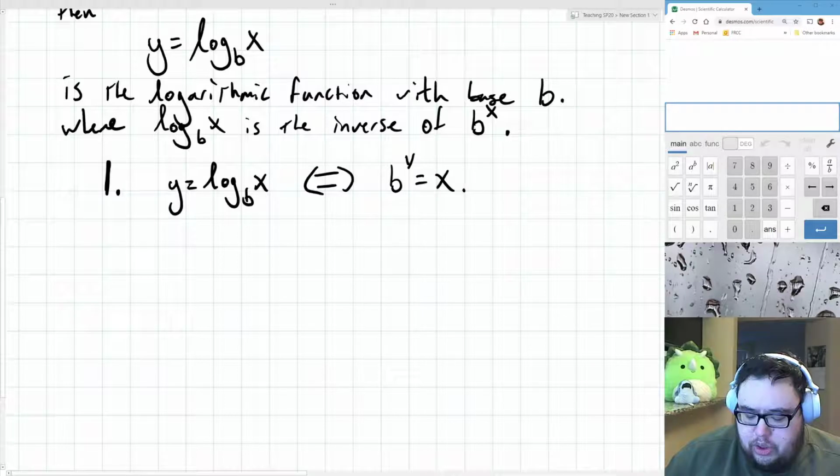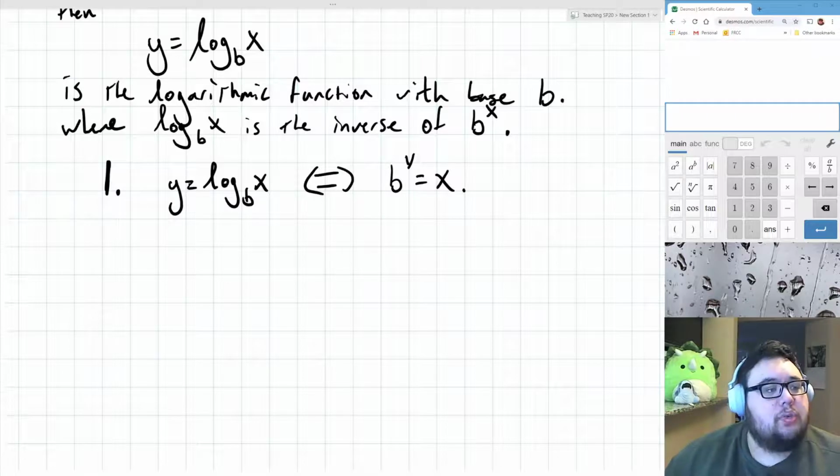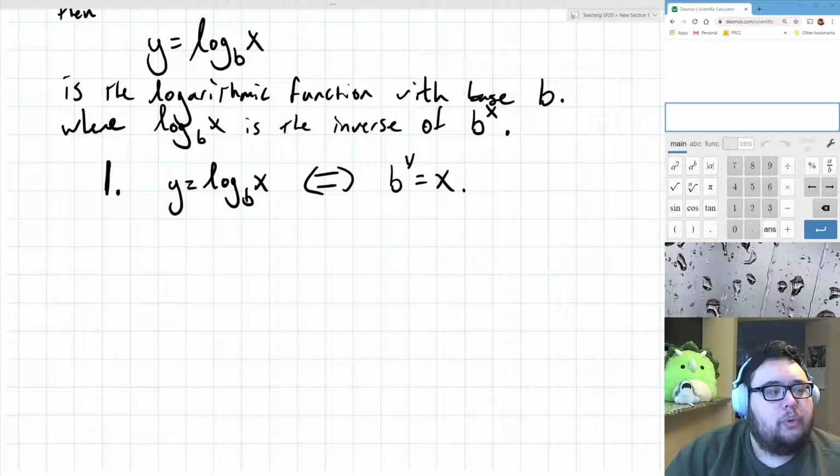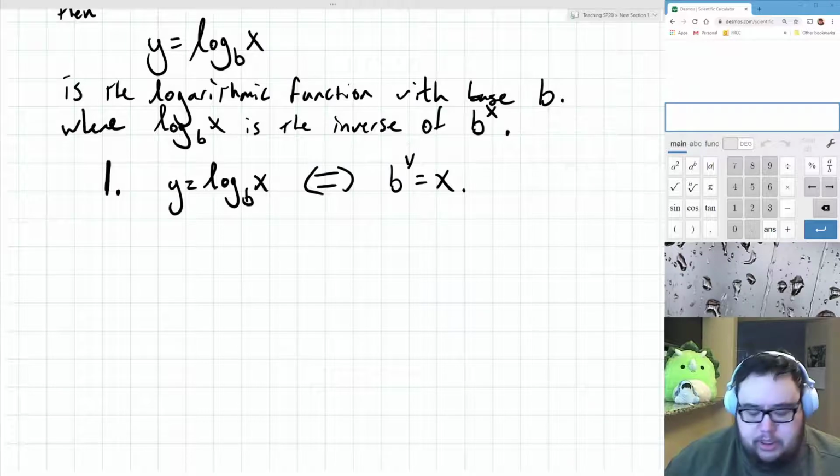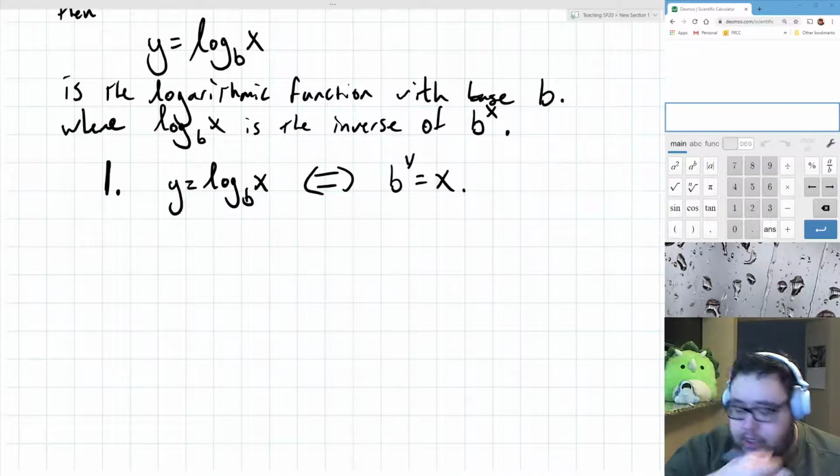Basically, this fact lets us rewrite exponential equations into a logarithmic form or rewrite logarithmic equations into an exponential form. And this is frequently useful to solve for the thing that's actually in the exponent. We'll look at that in just a second.